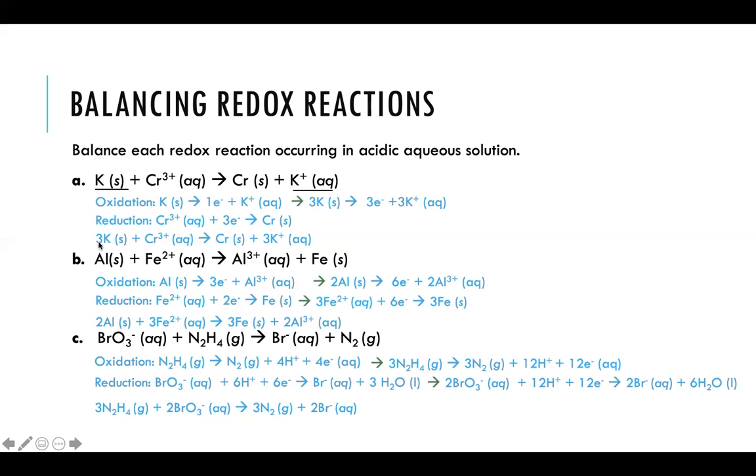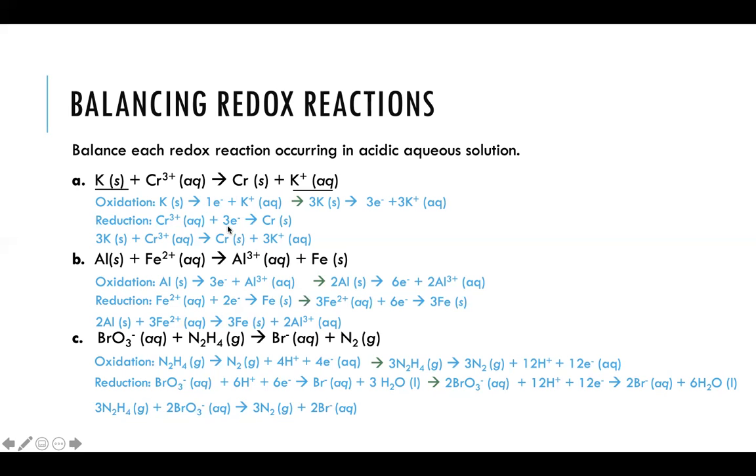You can look at these 2 reactions: K yields 1 electron plus K plus. Okay, fine. And then reduction equals Cr3 plus 3e negative yields Cr solid. But now what do you do to actually balance these equations?